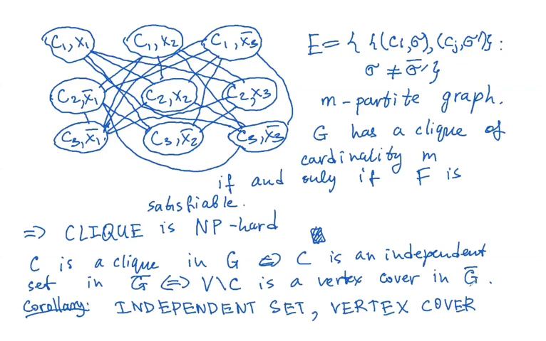This is a minimization problem, right? So these two decision problems are NP-complete because we can easily reduce clique to these two problems.